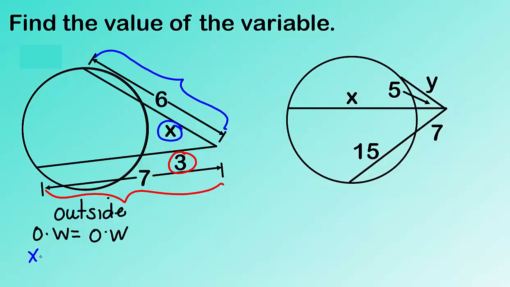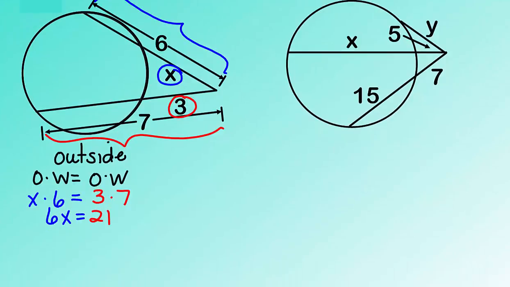So x times 6 equals 3 times 7. I get 6x is equal to 21. I divide both sides by 6, and I get x is equal to 3.5.